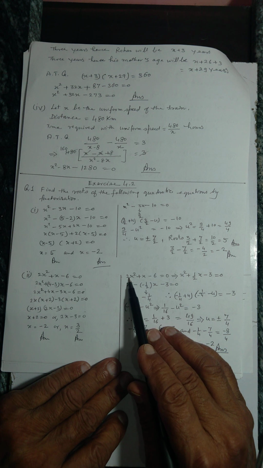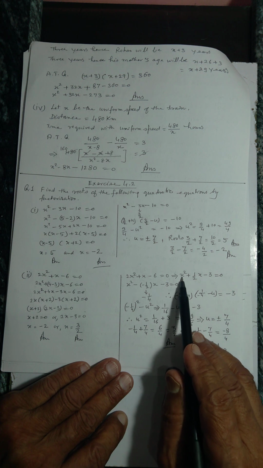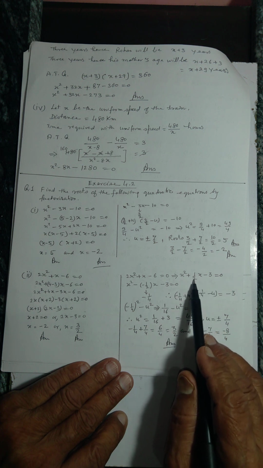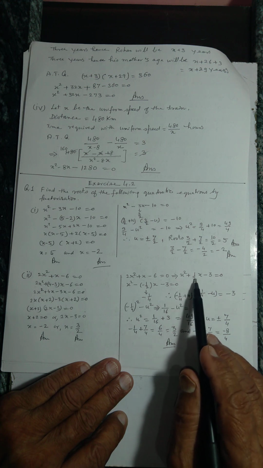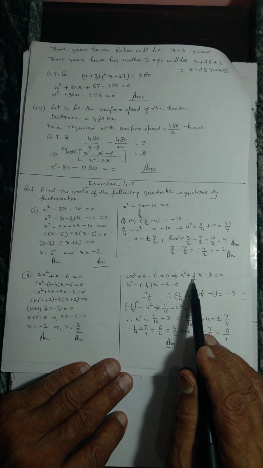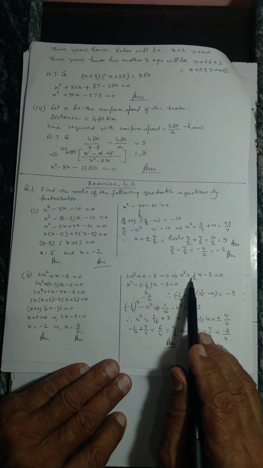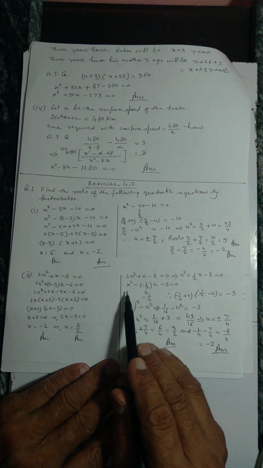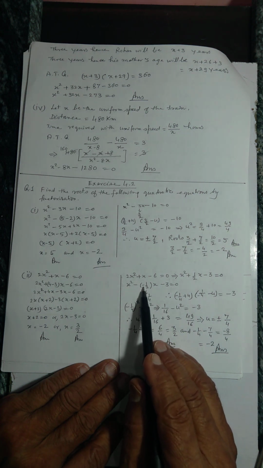I have to reduce it in such a way that the coefficient of x square should be 1, so I have divided each term by 2 in order to get the coefficient of x square as 1. Now I told you that the coefficient of x should be in the form of minus. To get the minus here, we have plus 1 by 2, so I have written x square minus, inside the bracket, minus 1 by 2. If you just open it, you will get plus 1 by 2.